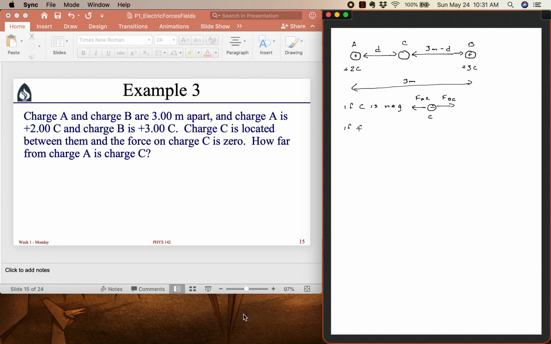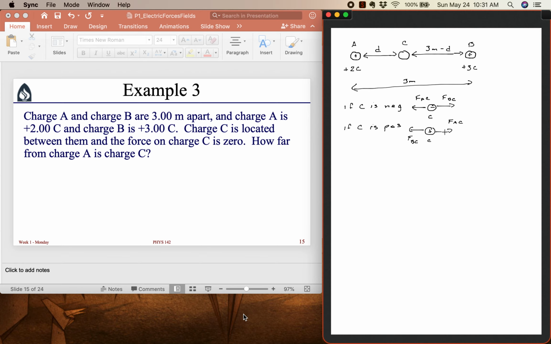What about if C is positive? If we have a positive C, then it will be repelled from B. B will push it away because they have the same charge, and so the force of B on C would be in this direction, but C would also be repelled from A. So the force of A on C would be in the positive x direction.